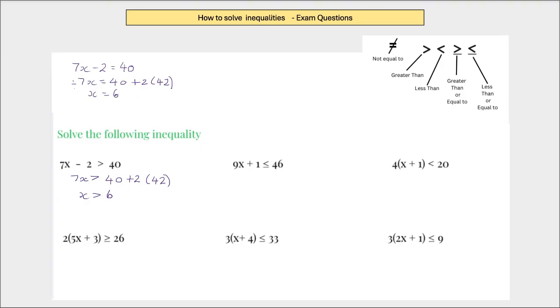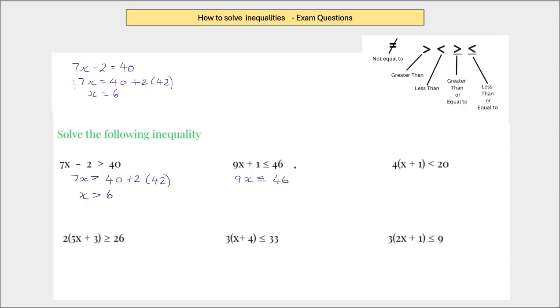Hey presto. So the next one, 9x plus 1 is less than or equal to 46. So 9x is less than or equal to 46.